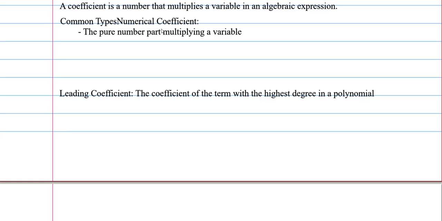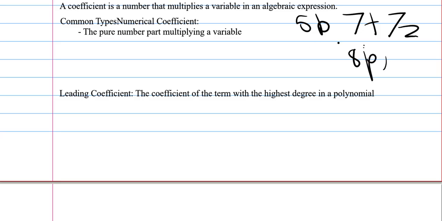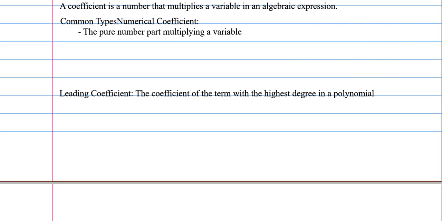A coefficient is a number that multiplies a variable in an algebraic expression. Examples of coefficients are 5b, 7t, 7z, 8p, and so on. It has a number and a variable. It may have an exponent, but its main elements are a number and a variable.